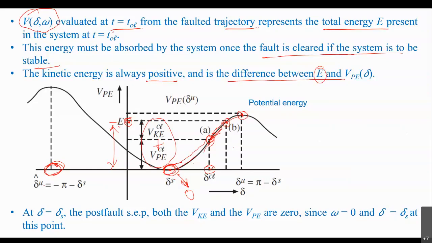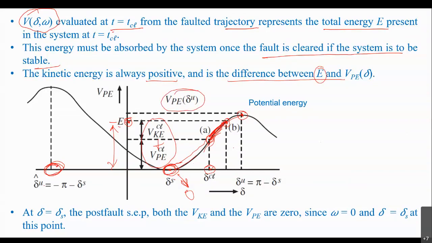So the kinetic energy is being converted to the potential energy in this zone. So this total energy, if it is greater than the potential energy at the unstable equilibrium point, then the system becomes unstable.